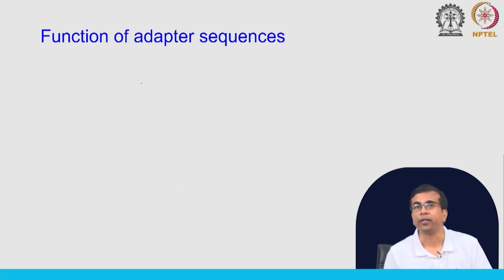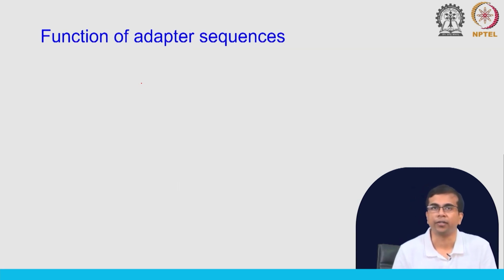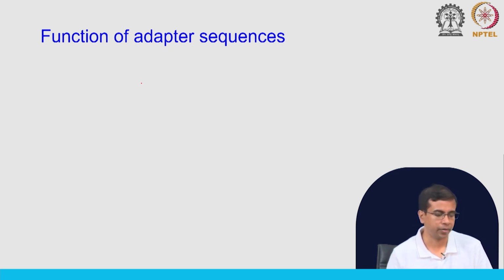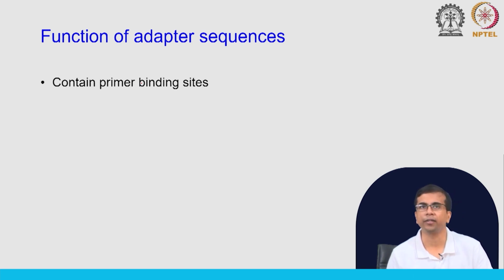So, what is the function of these adapter sequences that we just talked about? Why do you add these adapter sequences? These adapter sequences actually contain primer binding sites. In many cases we need to do amplification of the DNA fragments. Now, how would you amplify these DNA fragments, because we do not know any sequence of these fragments?